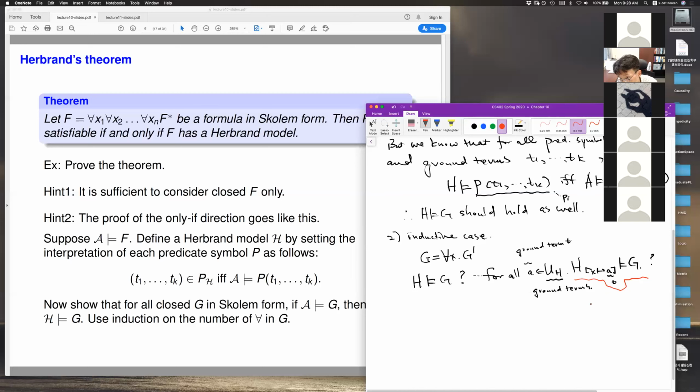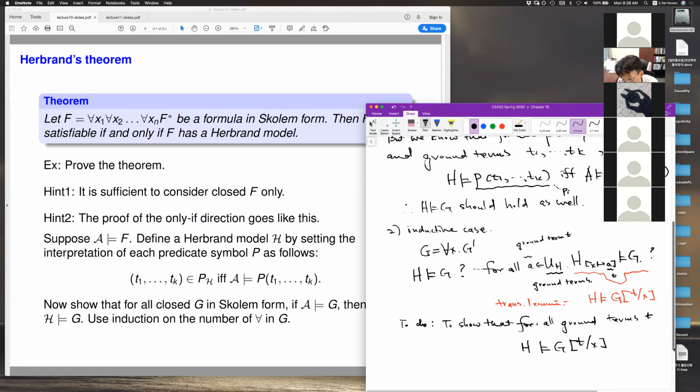But by the translation lemma, this is exactly the same as H satisfies G prime where X is replaced by T. So just to bring both of them together, our task has become to show that for ground terms T, H satisfies G prime where X is replaced by T. This is what we have to prove.